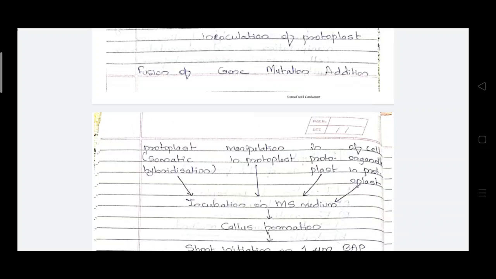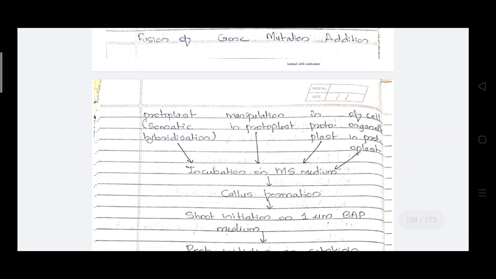Also, mutations in protoplast can be carried out in this technique. Also, we can add some organelles to the protoplast. All these things we can do with the protoplast, and then we can incubate.